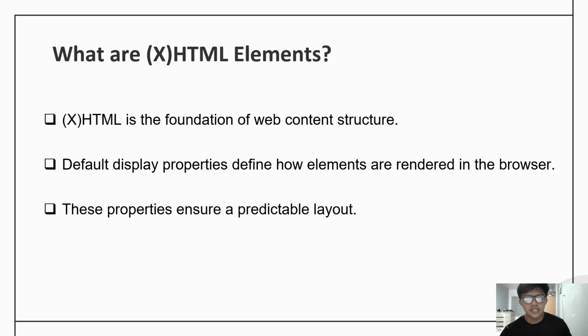This makes it predictable how elements will appear initially. The last one is these properties ensure a predictable layout. So without any CSS, elements follow the default display rules, which ensure that they appear consistently across different browsers.